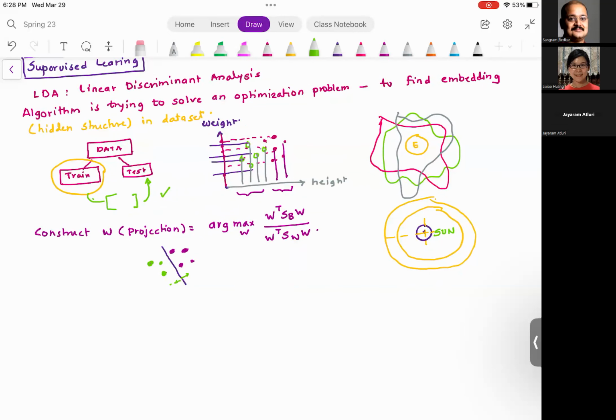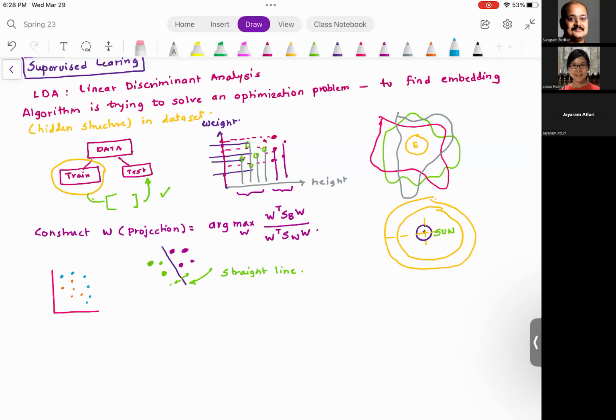Now, when we use LDA, we can use a straight line for differentiation. Sometimes the straight line may not be the best possible way to separate these two data sets. For example, you can have a data set like this.